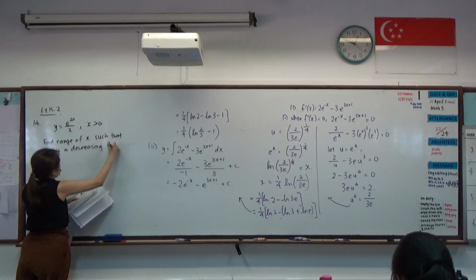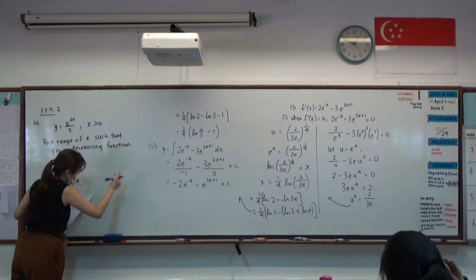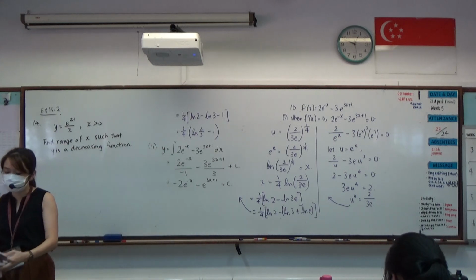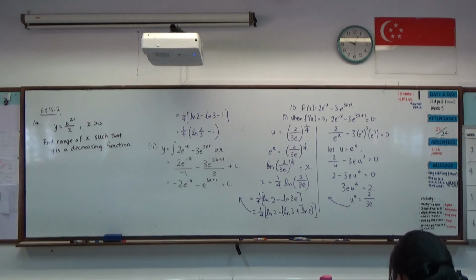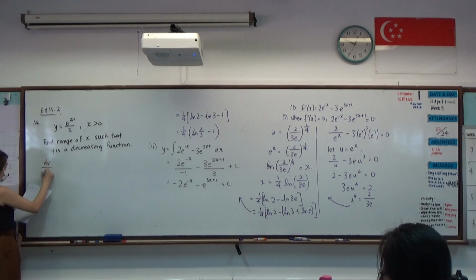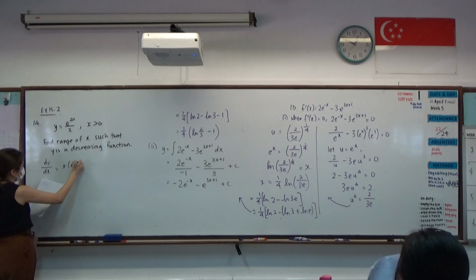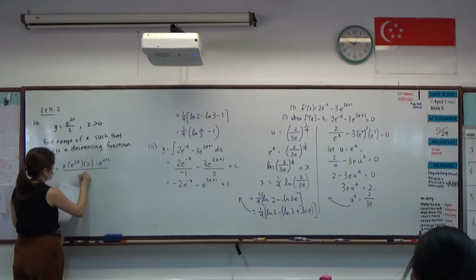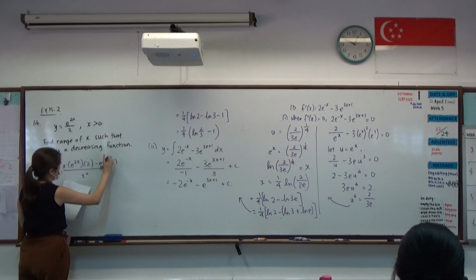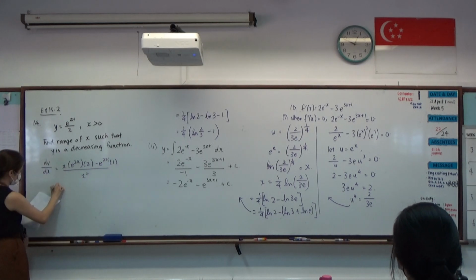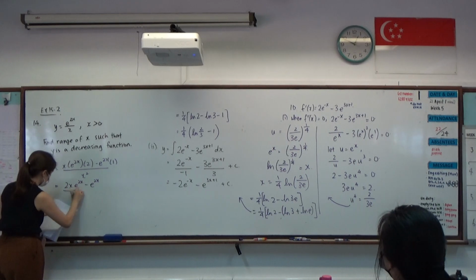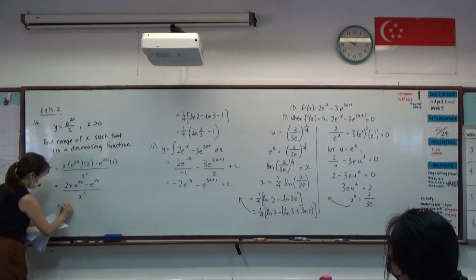When it comes to differentiating and knowing that decreasing function means your first derivative is less than 0, that one is not an issue for most of you. Just that for some of you, you don't factorize it.